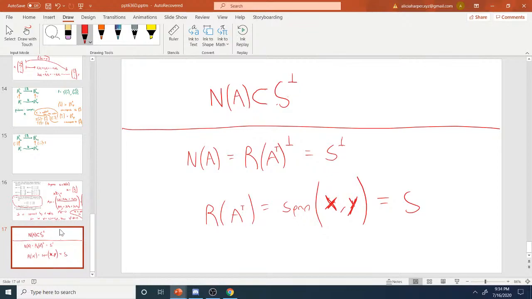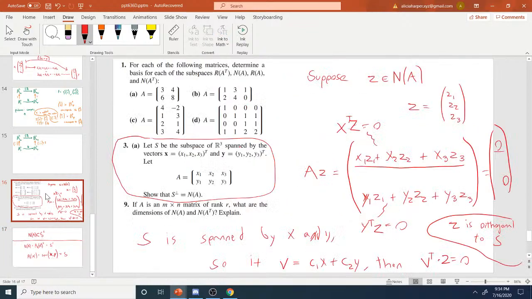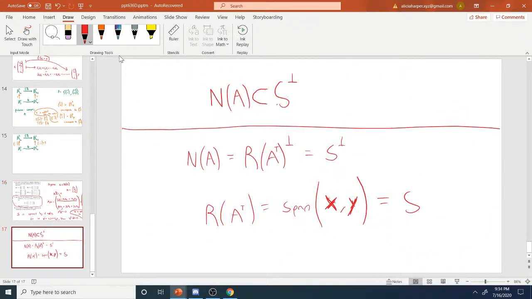I was trying to do a somewhat simpler argument, and you can do a somewhat simpler argument directly if you know that x and y are linearly independent. So let me state why this argument would be simpler in that case. If x and y are linearly independent, then the dimension of S is equal to 2.